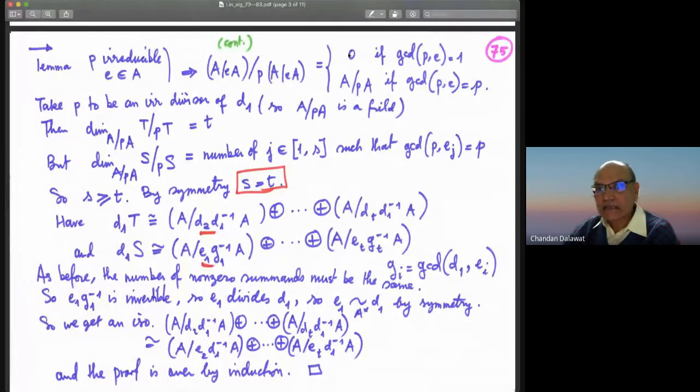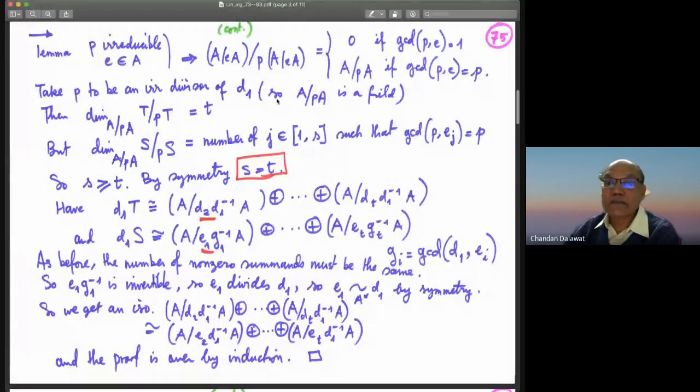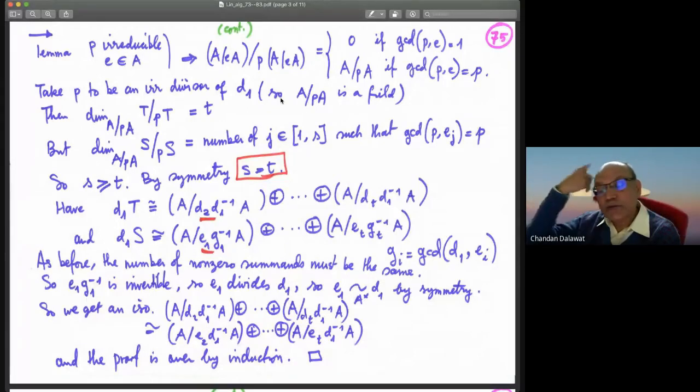And the claim is that this is 0 if the GCD of P and E is equal to 1, and it's just A modulo PA if the GCD of P and E is equal to P. Of course, the GCD of P and E can be either just 1 or P, because P is irreducible. So this lemma is very easy. I leave it to you. It must be a consequence of some of the things which we had proved earlier.